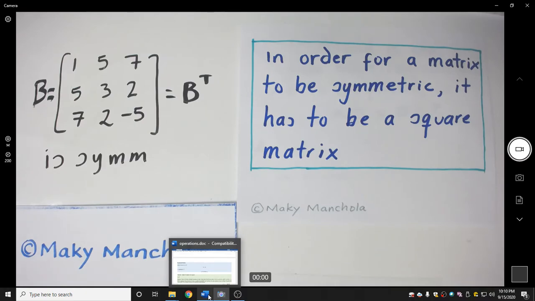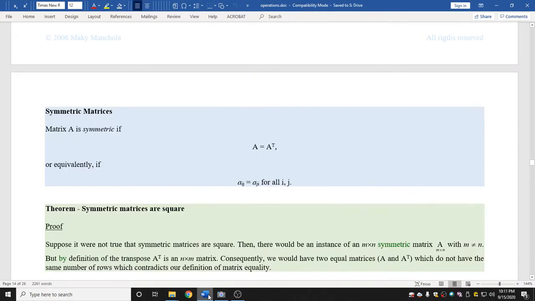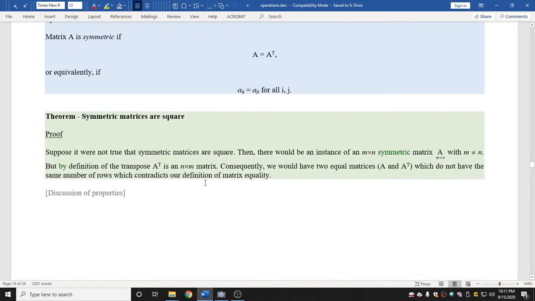First, a fact. In order for a matrix to be symmetric, it has to be a square matrix. Let's look at a simple proof of that. Suppose it were not the case that symmetric matrices are square.